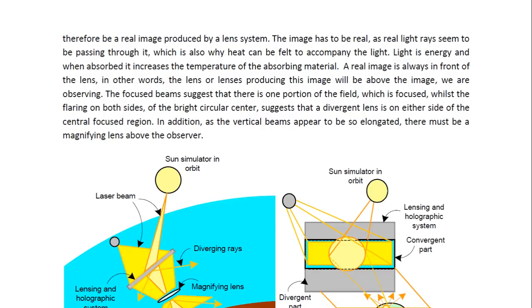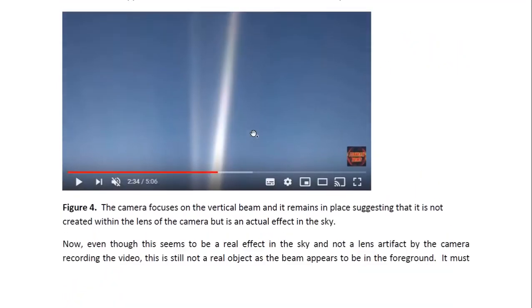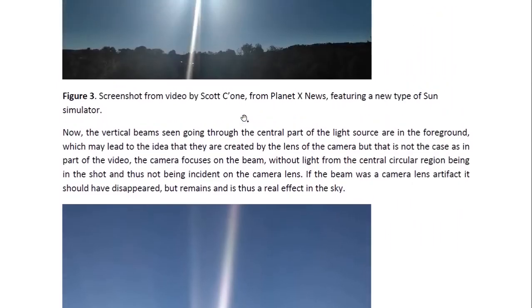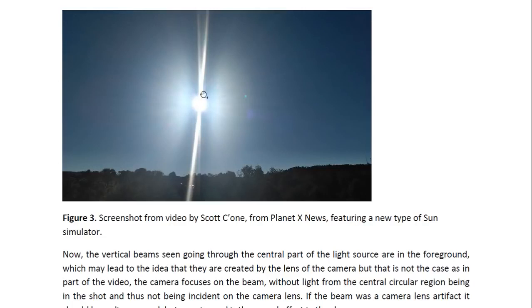The focused beam suggests that there is one portion of the field which is focused, whilst the flaring on both sides of the bright circular center suggests that a divergent lens is on either side of the central focus region. So that's what we can see here. This central part seems to be more in focus, and this part outside seems to be divergent.